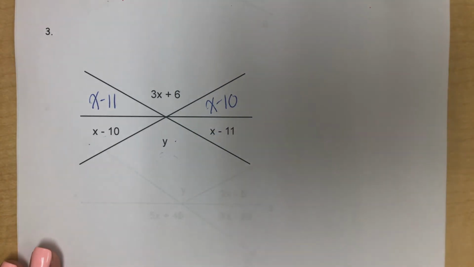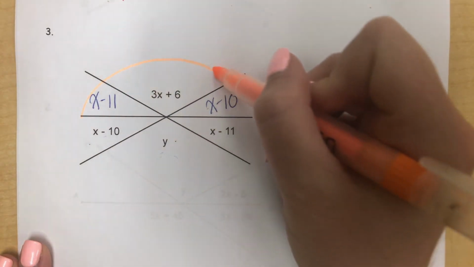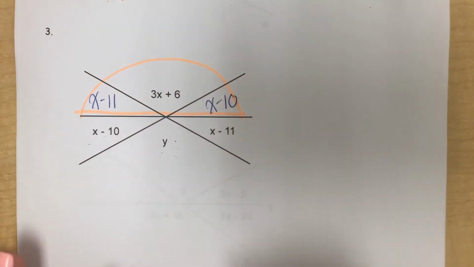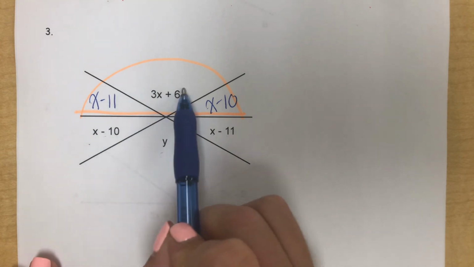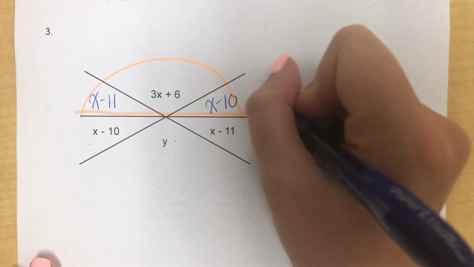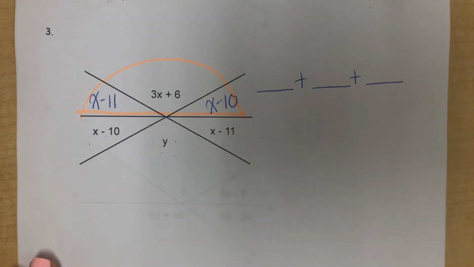All right, let's go ahead and try to look for maybe a half circle here. So I'm going to do one right up top. And then I just like to also bring it over so I can clearly see what's in that half circle. So I see I have 1, 2, 3 different angles. So I should have 1, 2, 3 different angles in my equation.